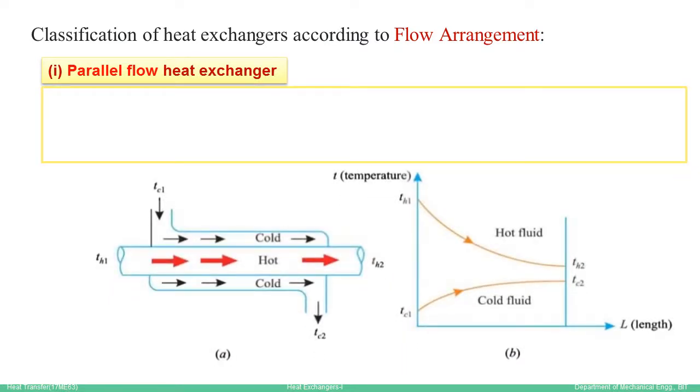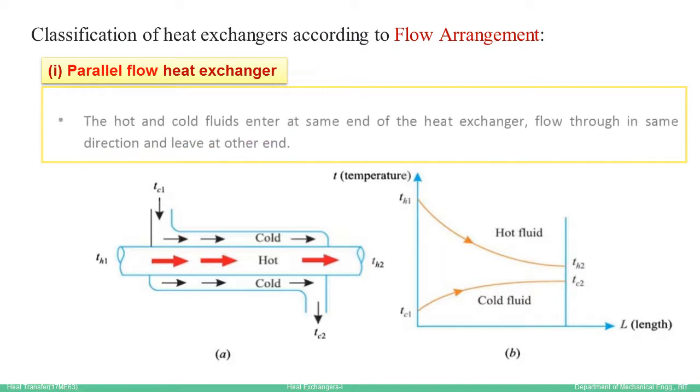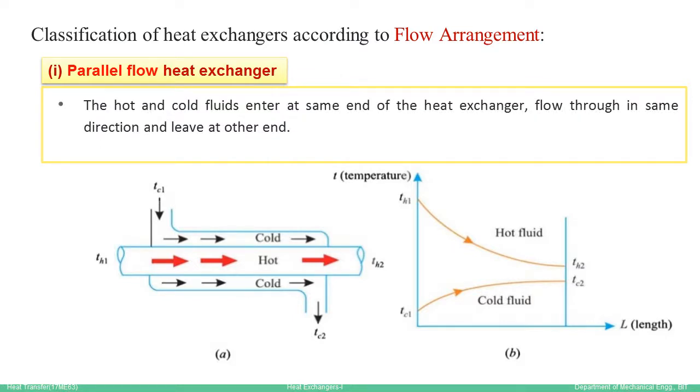Parallel flow heat exchanger is one of the heat exchangers based on flow arrangement, and in this case both hot and cold fluids enter at the same end of the heat exchanger, and they flow through in the same direction, and leave at the opposite end. If you observe the sketch carefully, the central pipe through which the hot fluid is flowing, the inlet temperature of that hot fluid is Th1 and the outlet temperature is Th2.